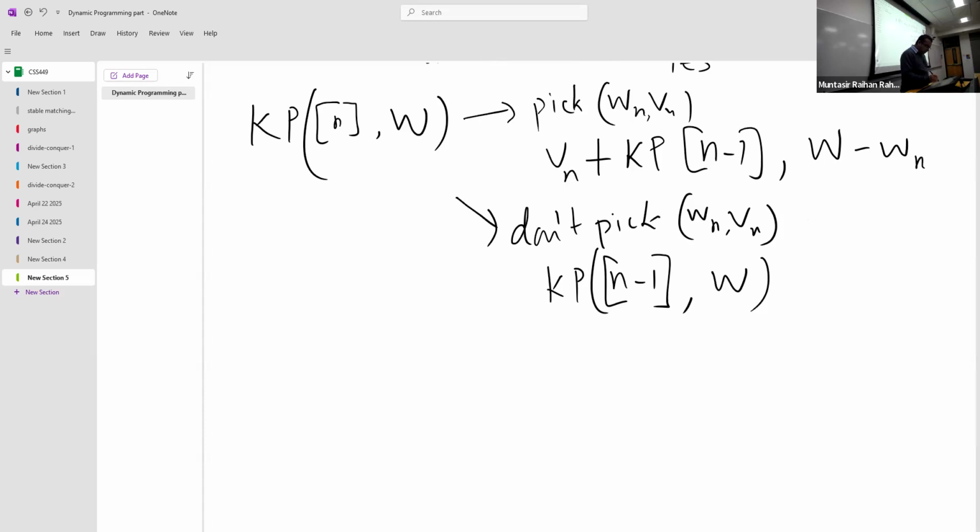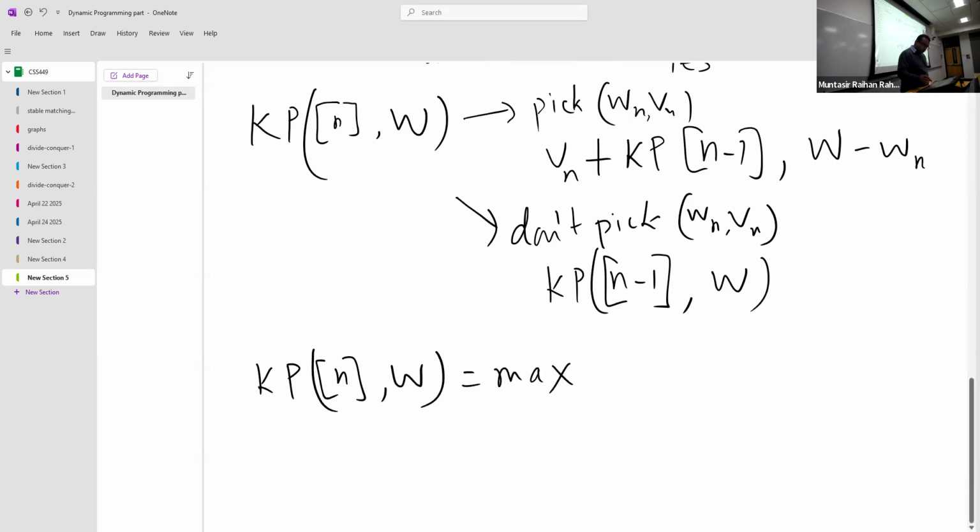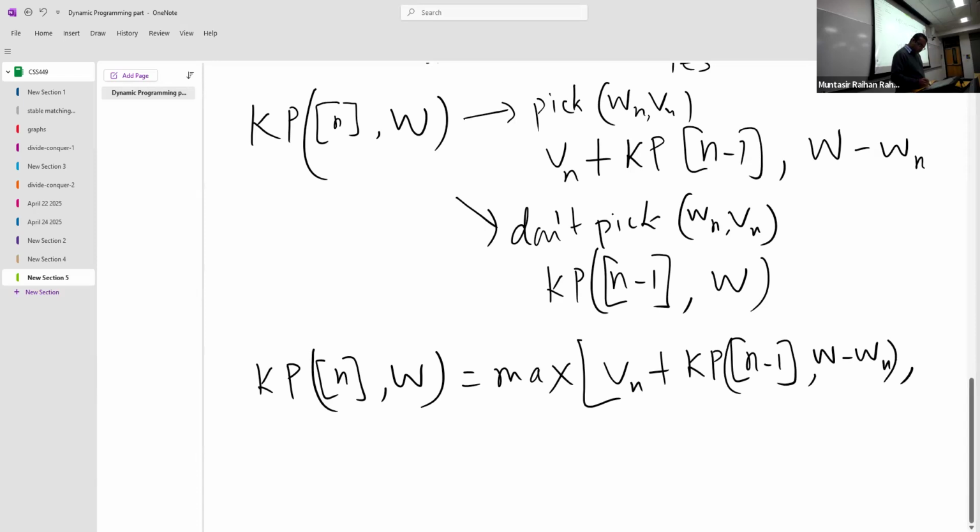So your mathematical relation is going to be: knapsack with n items and with W is going to be the max of Vn plus knapsack of n minus 1 with weight W minus Wn, and then knapsack of n minus 1 and W.